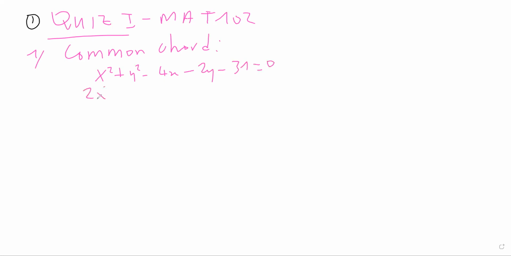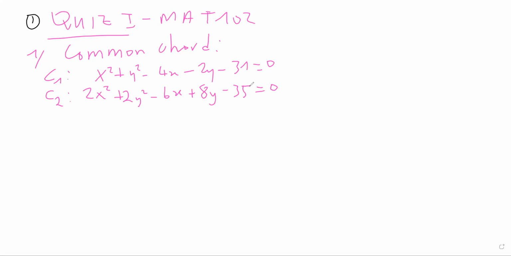And circle 2 was 2x squared plus 2y squared minus 6x plus 8y minus 35 is equal to 0.